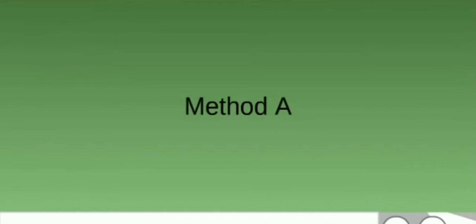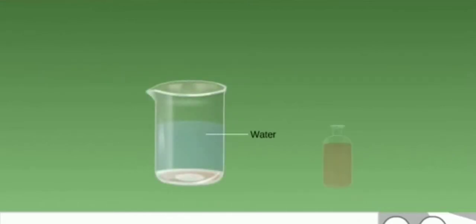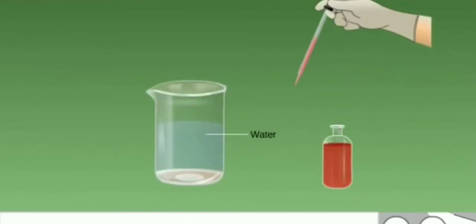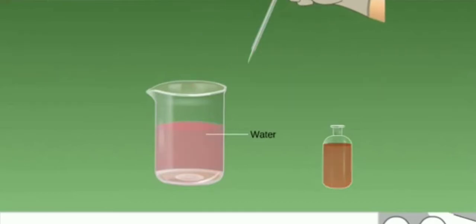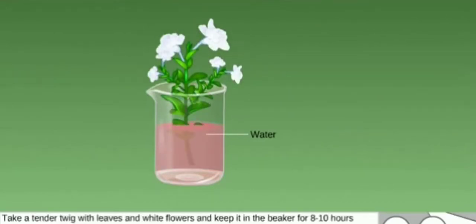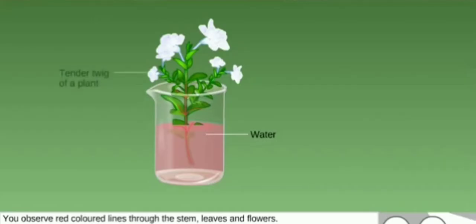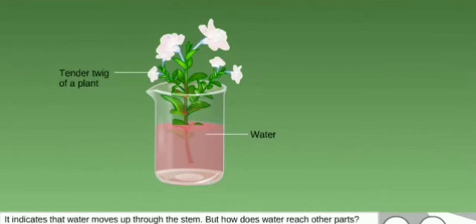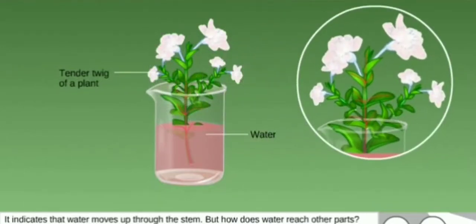Method A. Take a beaker with some water and put a few drops of red ink in it. Take a tender twig with leaves and white flowers and keep it in the beaker for 8 to 10 hours. After 8 to 10 hours, you observe red-colored lines through the stem, leaves and flowers. It indicates that water moves up through the stem.